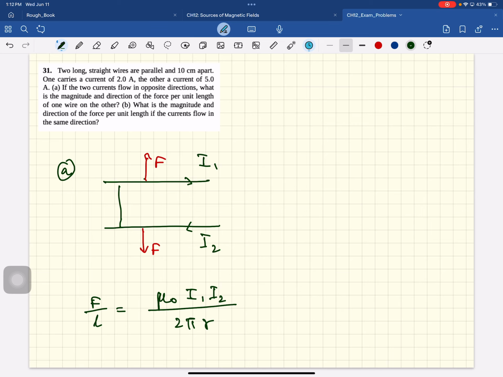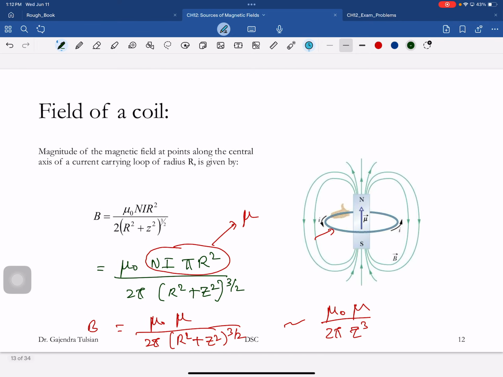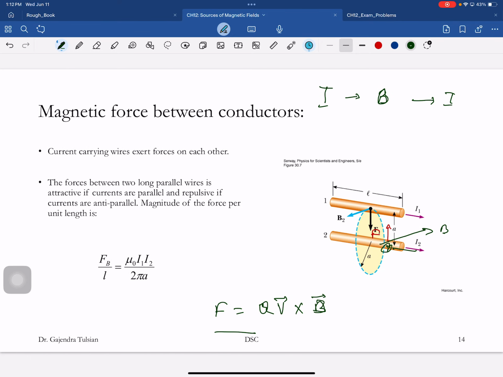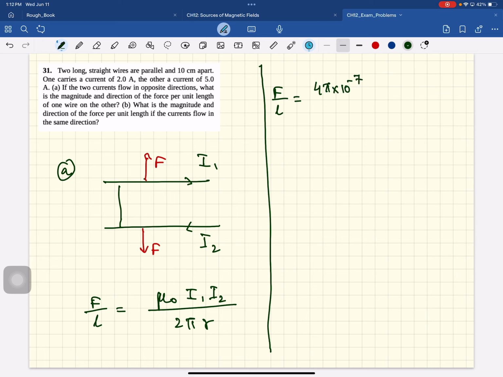Let me make sure of the expression. I think it's correct, yep. So force per unit length is 4 pi into 10 to the minus 7 tesla meter per amp.